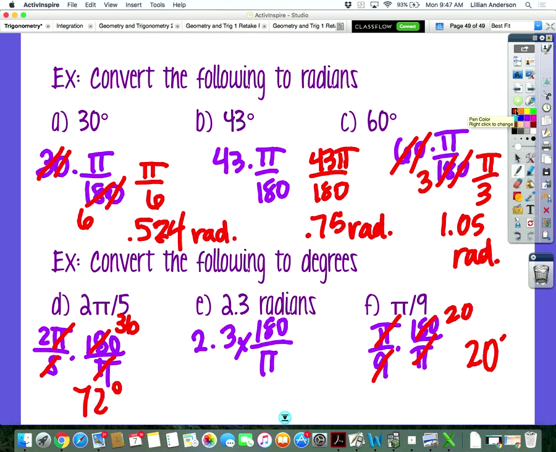Because I can't do any canceling out here. 2.3 times 180 divided by pi is 131.8, so technically this is 132 degrees. But again, this is just used if you ever have to convert radians to degrees.